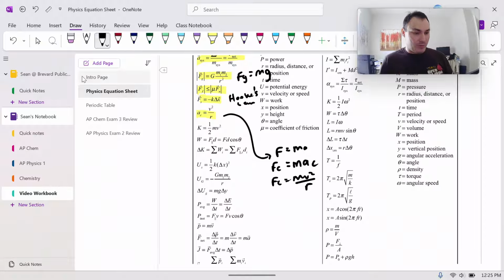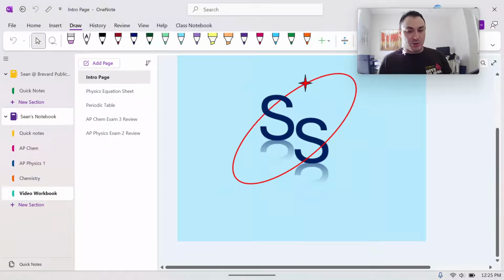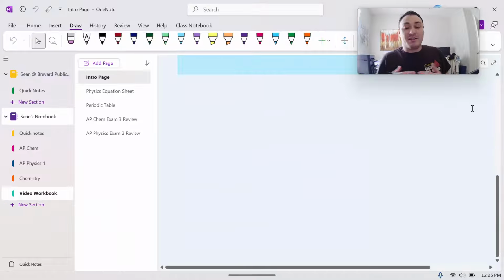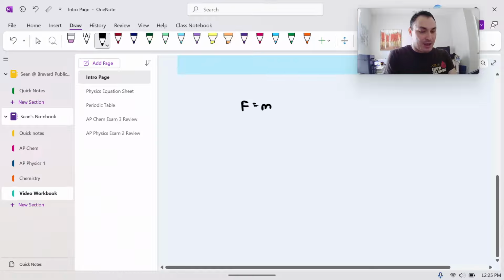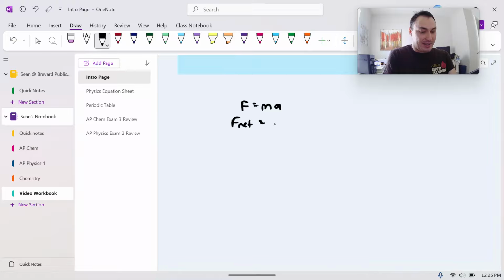The other thing I want to do before we start is go over the basic type of question we see in this unit. This unit's all about forces, and it's really always centered around Newton's second law, F equals ma, or a lot of times I like to say F net equals mass times acceleration. This unit is all about, can we use this equation?